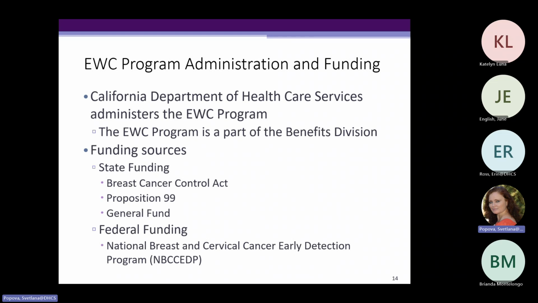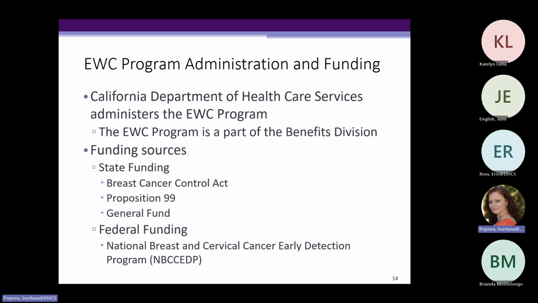And then we have federal funding, which comes from the National Breast and Cervical Cancer Early Detection Program. It's super important funding, though not the largest. Sorry, I don't remember the percentage of how much comes from it, but we model our program after NBCCEDP.